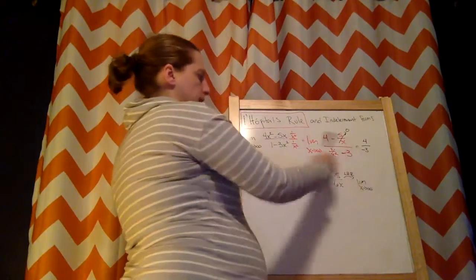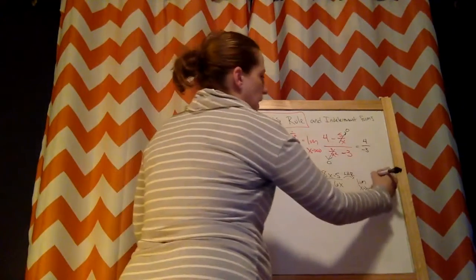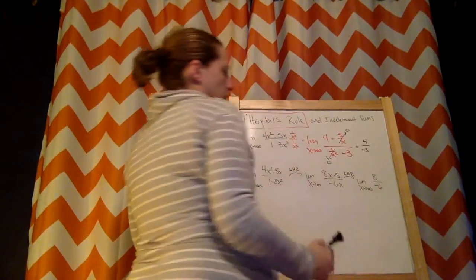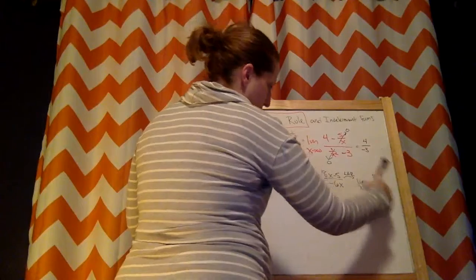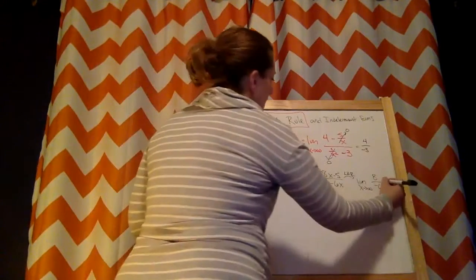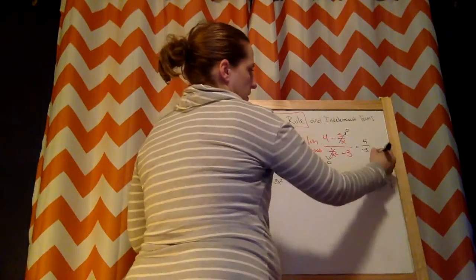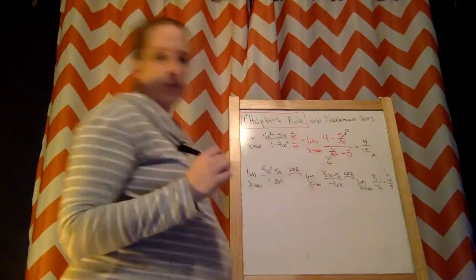So again, L'Hopital's rule says take the derivative of the top. The derivative of the top is 8 over the derivative of the bottom, which is negative 6. Well, now when x goes to infinity, this just stays 8 divided by negative 6, which when I simplify is negative 4/3. The same thing we got using our old method.